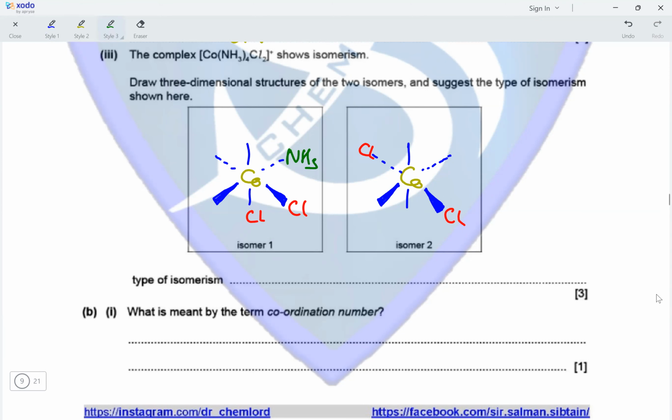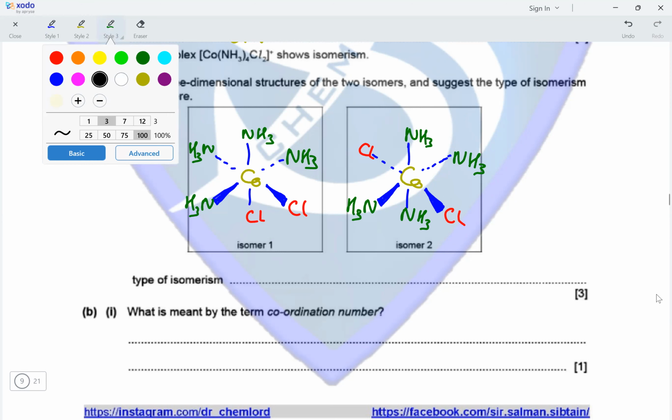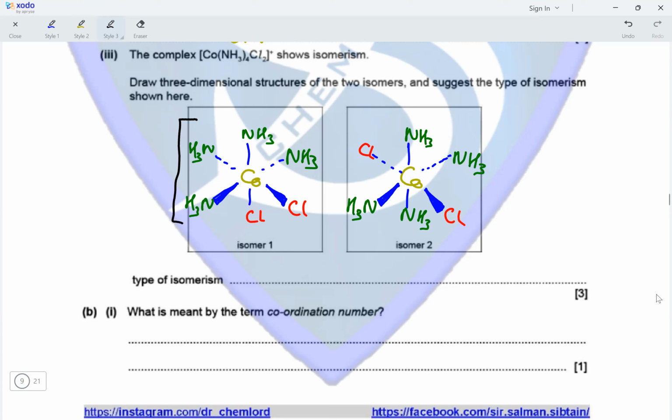So NH3, NH3, NH3 and NH3 on isomer 1, and NH3, NH3, NH3 and NH3 on isomer 2. In order to complete the isomers, we place the square brackets and the positive sign on the outside of the square bracket.